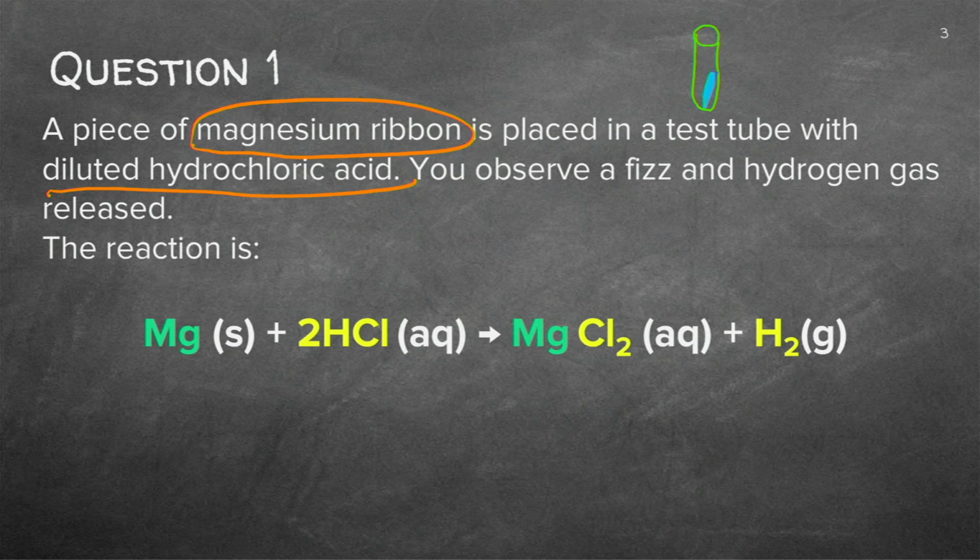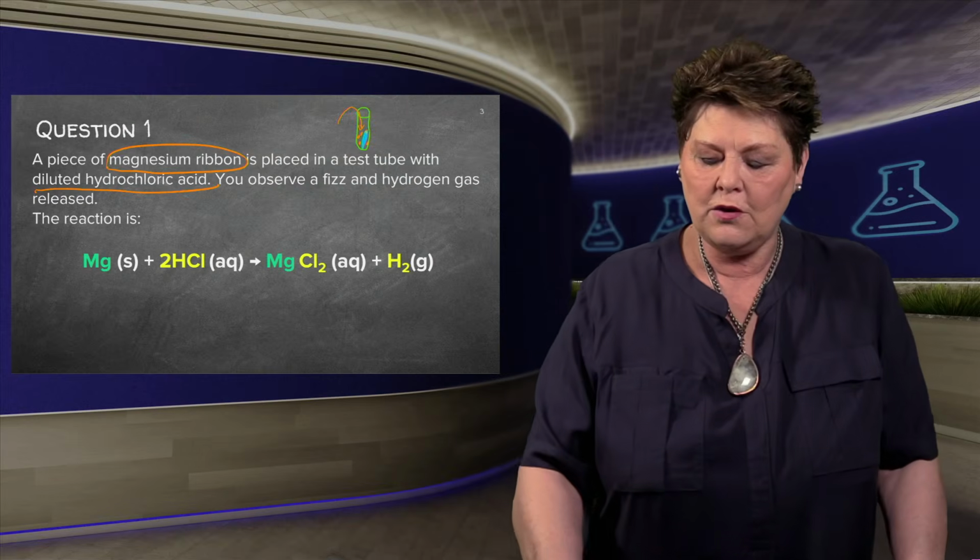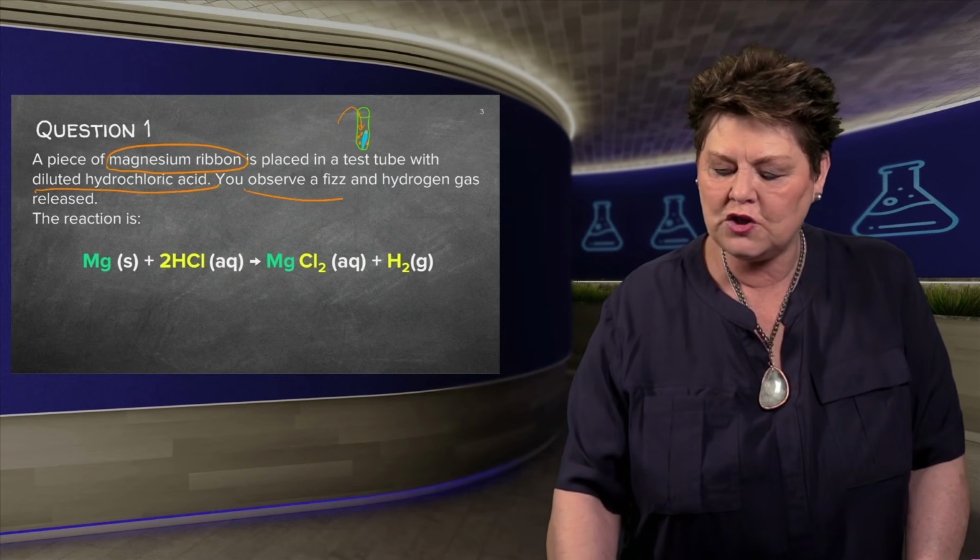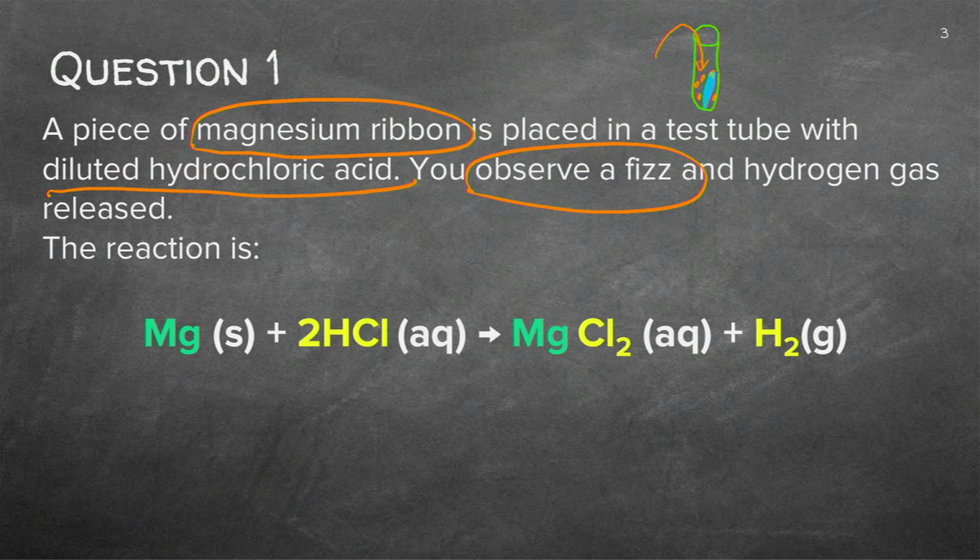There's a piece of magnesium, and you're adding to that hydrochloric acid. So, it's a liquid you're adding in there, and now you've got your liquid hydrochloric acid reacting with the magnesium. So they say to you, you observe a fizz and hydrogen gas will be released.